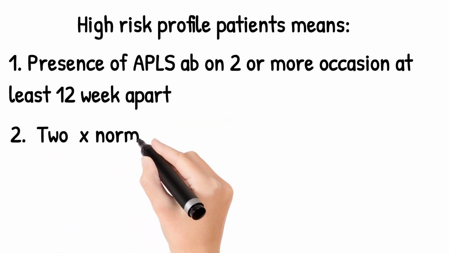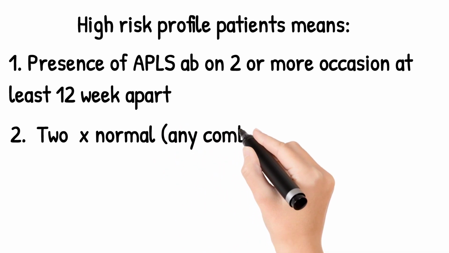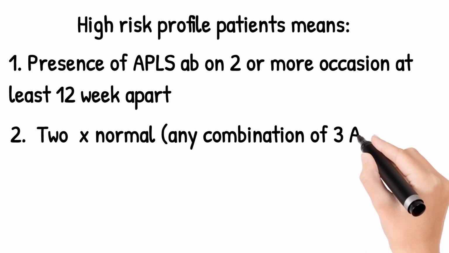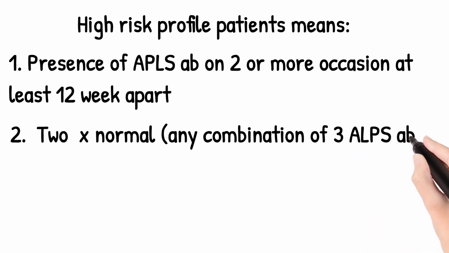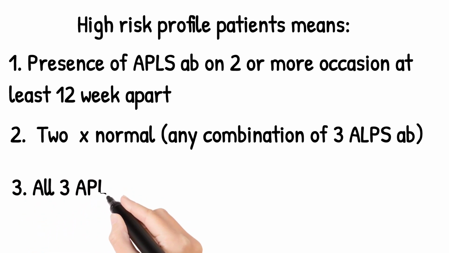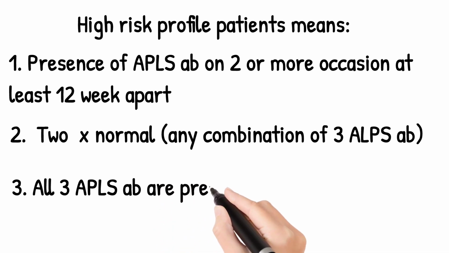They are called high risk profile patients. If the patient has 2 times the normal value of antiphospholipid antibodies, any combination of the three we discussed earlier, they are high risk profile patients. Or if all three are positive, this means that the patient is a high risk profile patient.